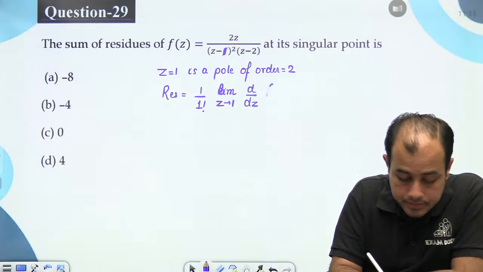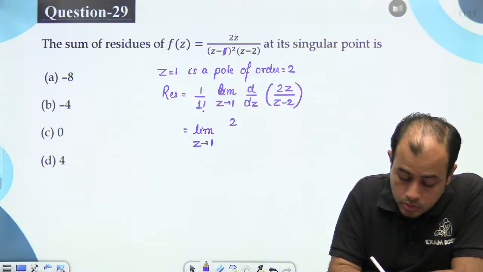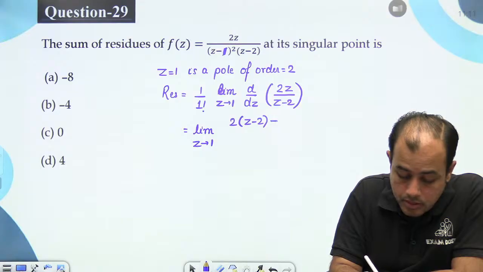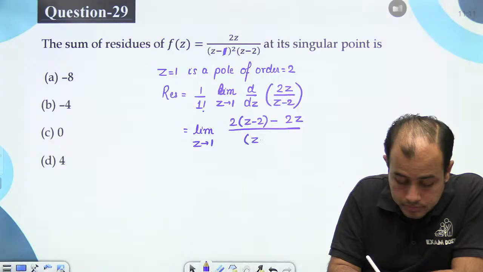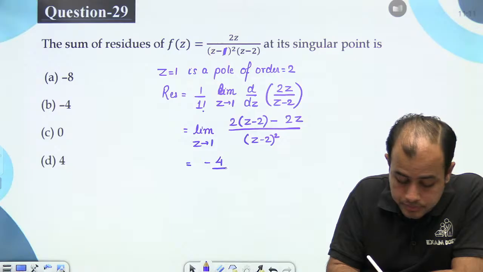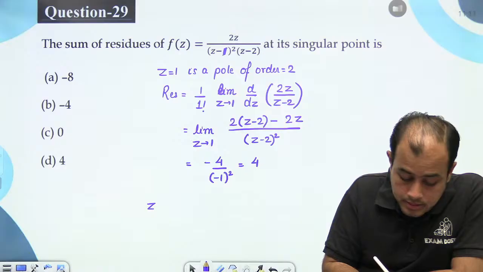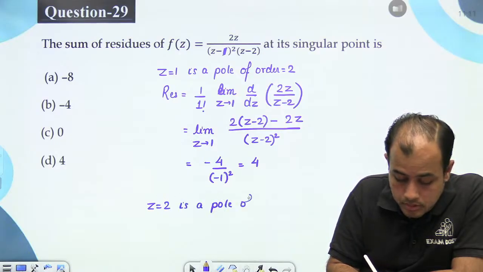d by dz of 2z by z minus 2. It is 2 times z minus 2. Two z minus 4. z equal to 2 is a pole of order 1.